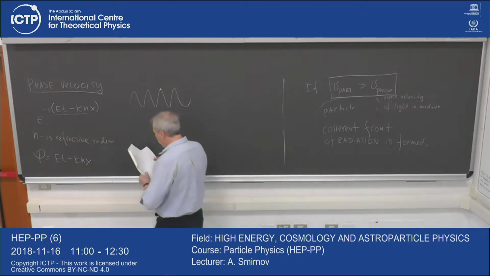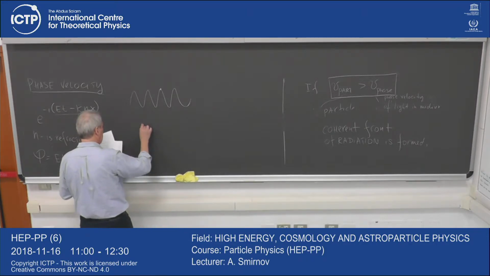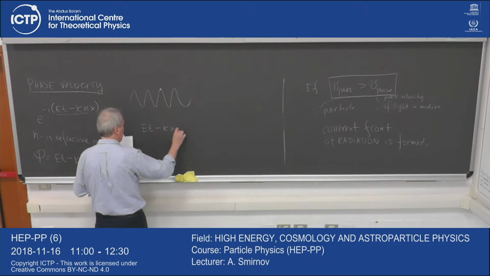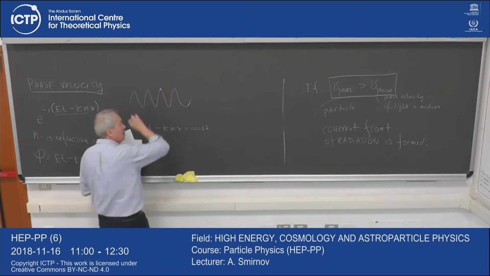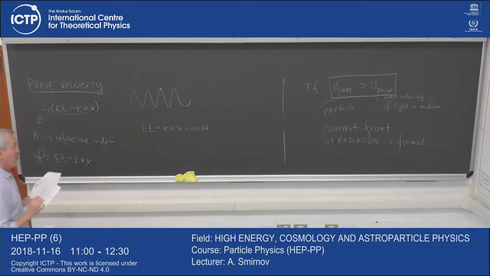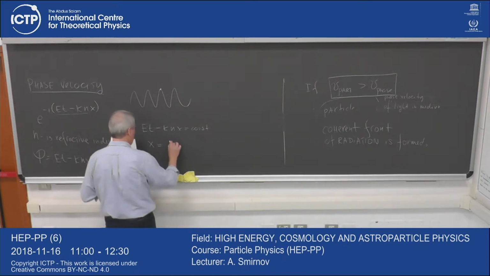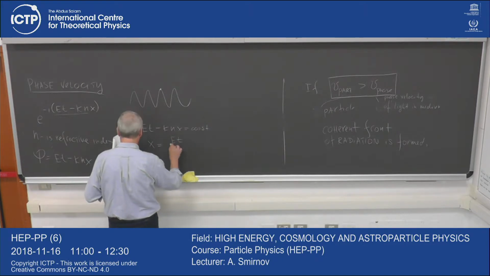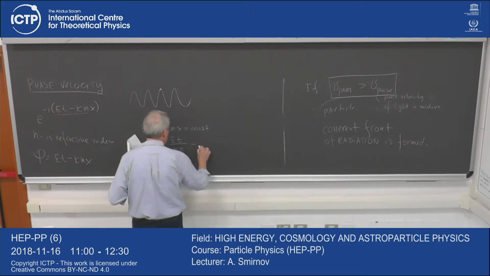Now, how do we compute the phase velocity? Let's take Et minus knx to be constant, since we are following a definite point of definite phase and seeing how it propagates. From here we find that x equals Et divided by kn, minus a constant.